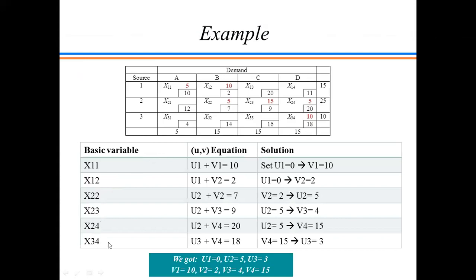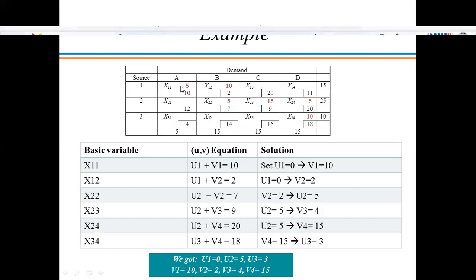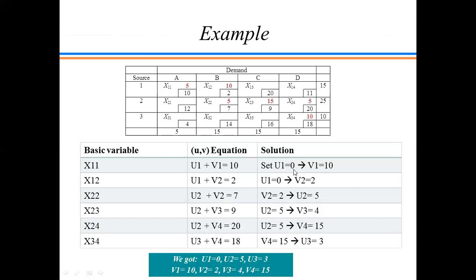Based on the previous slide, for basic variables x11, x12, x22, x23, x24, and x34, we will implement the formula ui plus vj equal to cij. For example, x11 means u1 plus v1 equal to c11. C11 is here 10. In the beginning we always set u1 to 0.